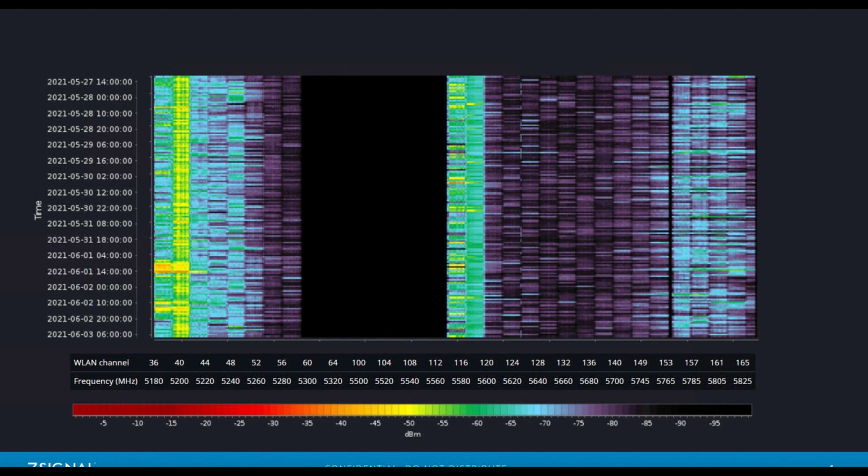Now, when you look at this, again, it might be a little odd if it's your first time taking a look at this stuff and you say, what is this big dark spot in the middle? Well, I'll tell you what, we're not allowed to use that big dark spot, all right? Those frequencies are not available to us. So our spectrum analyzer does not measure what's going on in that big black hole.